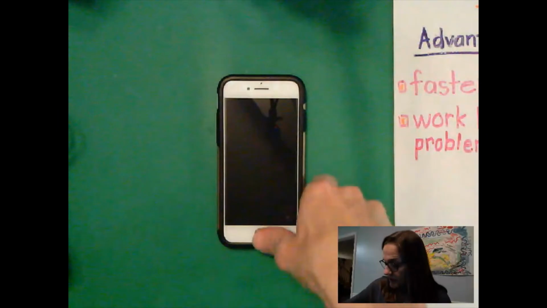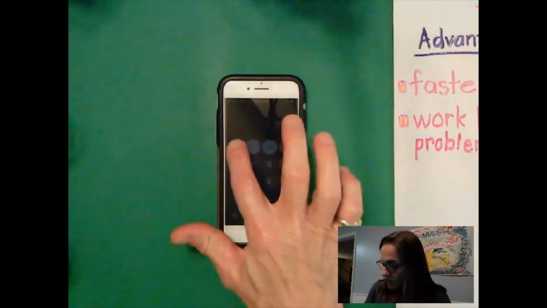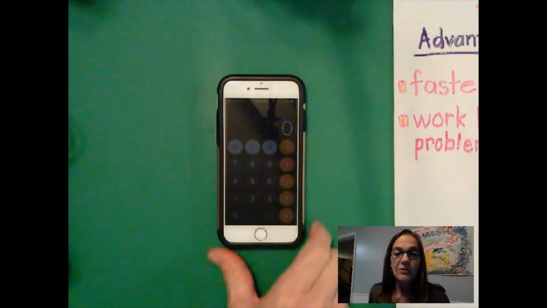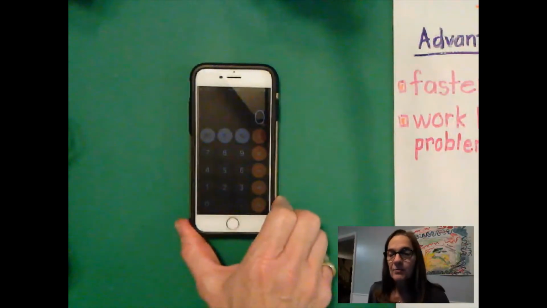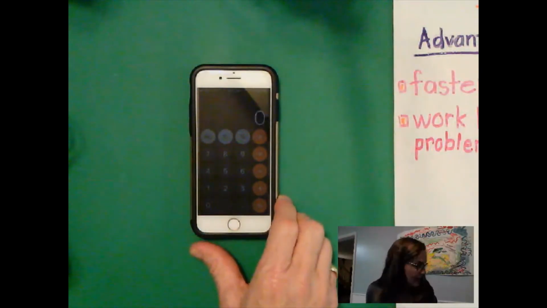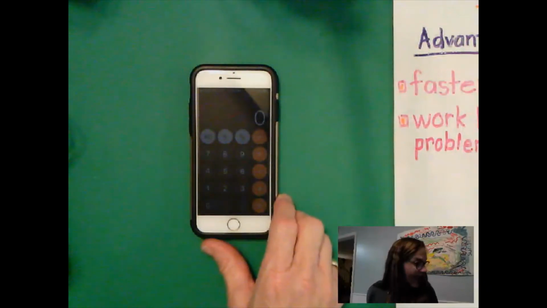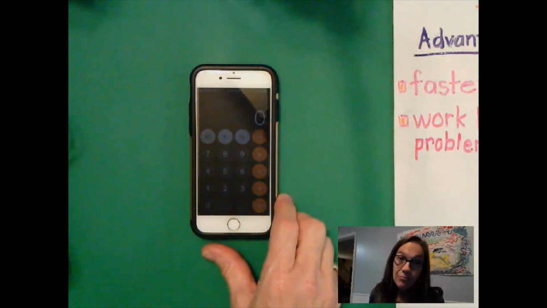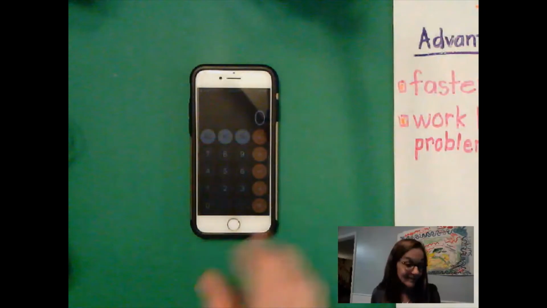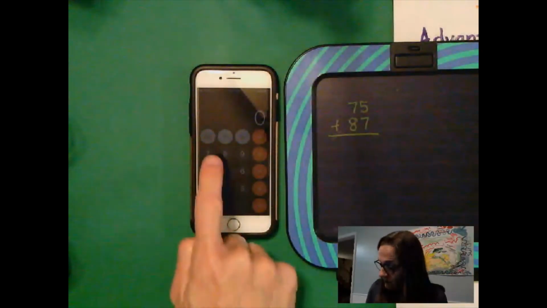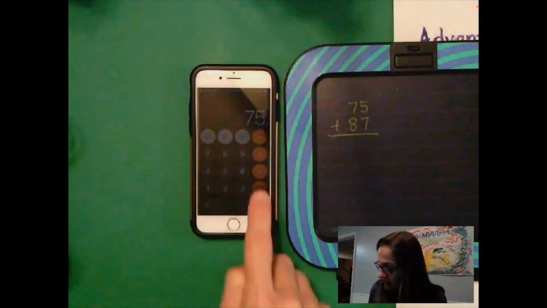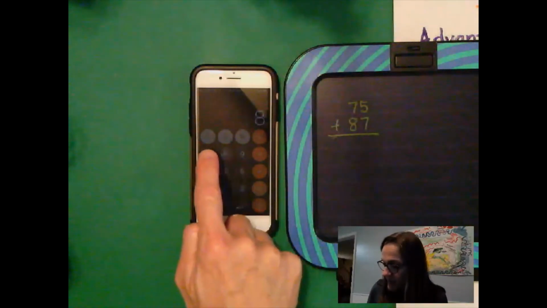Okay, so now on your calculator, I want you to give it a little go, and let's do a big addition problem, okay? So let's say that we want to add, for example, 75 plus 87. That's a big one. I've got it written here on our boogie board. 75 plus 87.